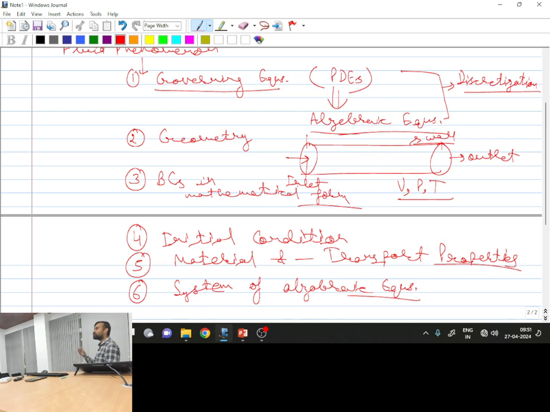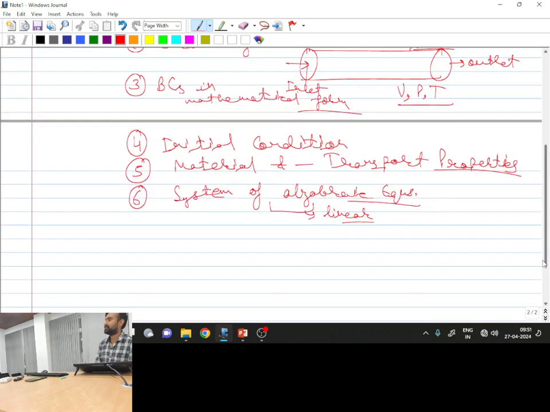Then you need to solve that system. For example, the majority of the time we use the discretization in such a way that the system of algebraic equations we get is a linear system of algebraic equations.